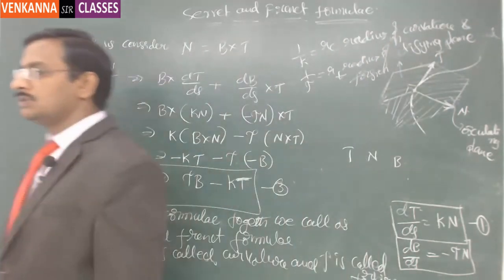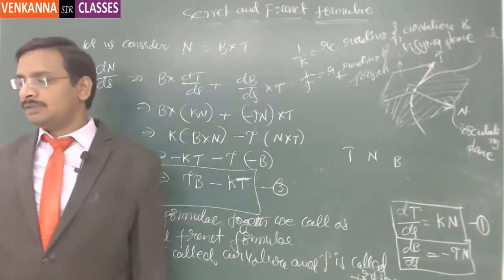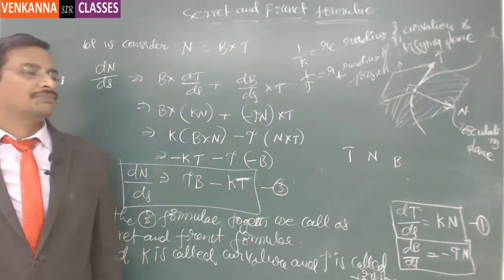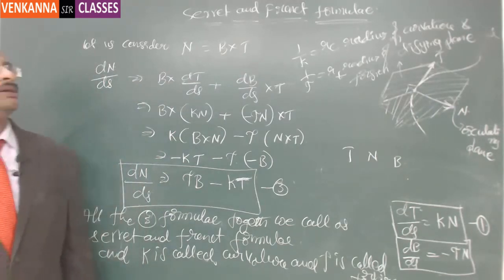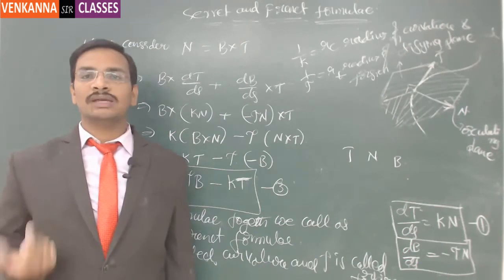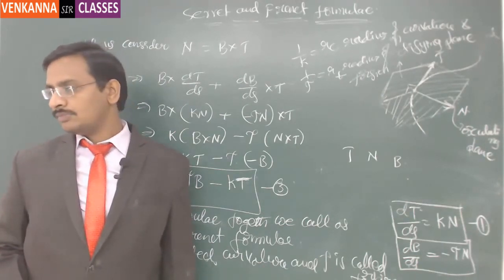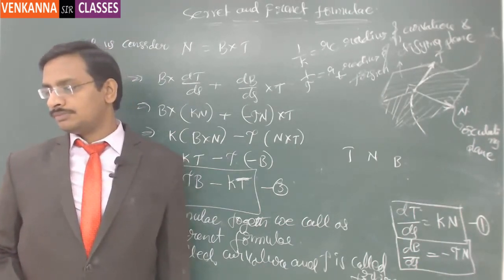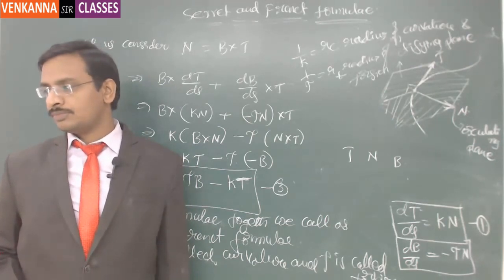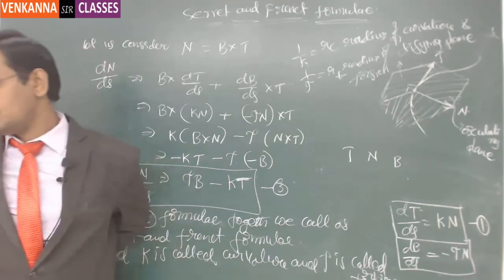Got it? So this is how we define the radius of curvature and radius of torsion. These are applicable for curves that are moving in a space. Any questions on this?